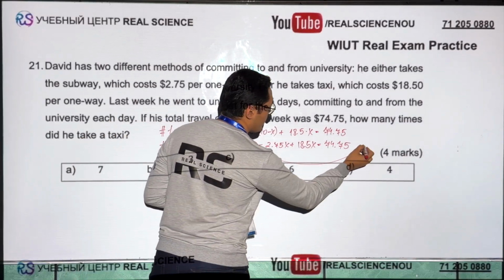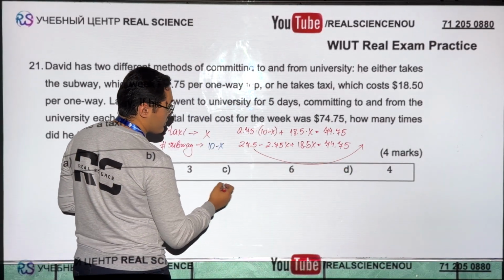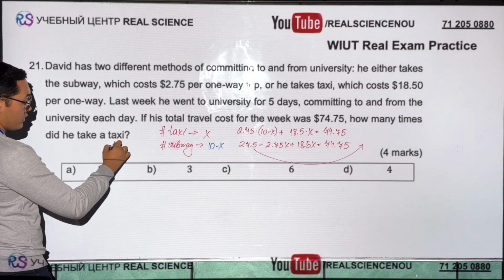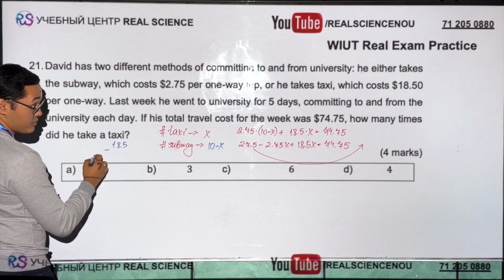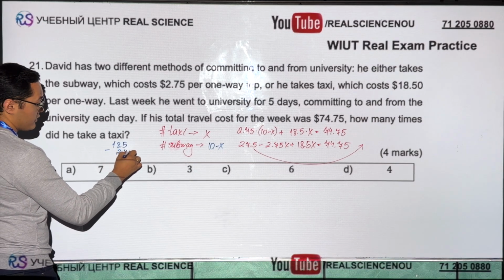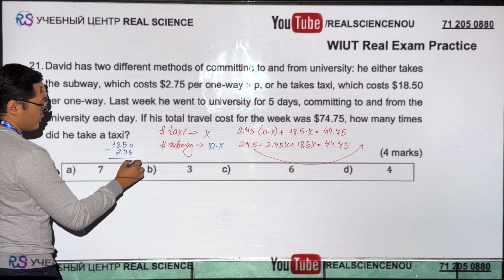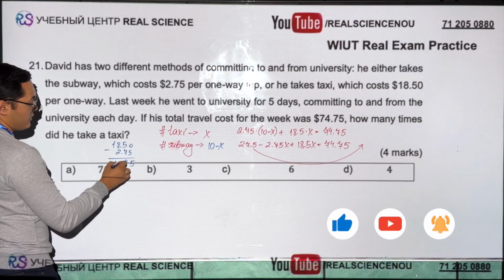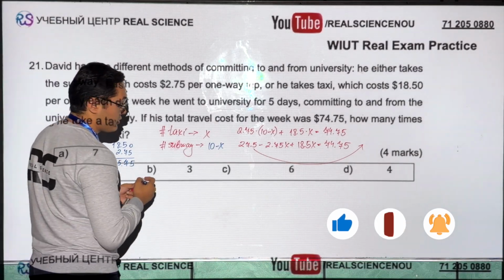So in this case, let's send it to the right side. Let me calculate that by hand because you're not going to be given a calculator. 18.5 minus 2.75 is going to be 15.75.